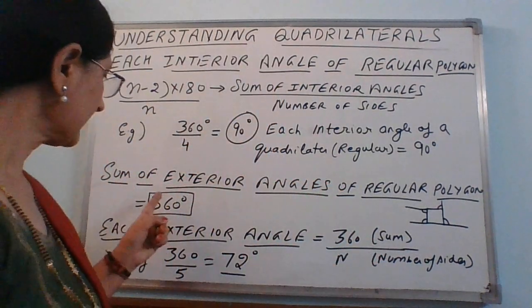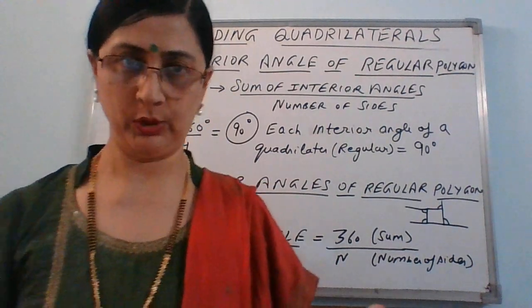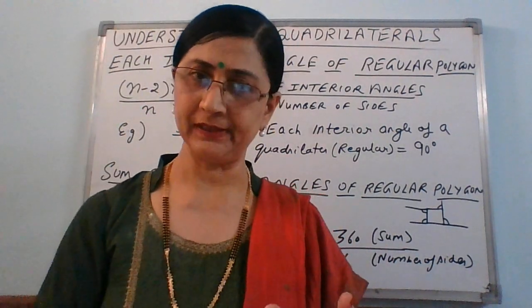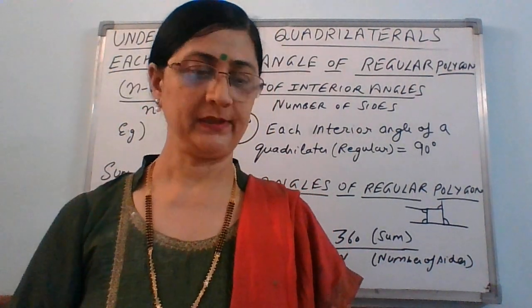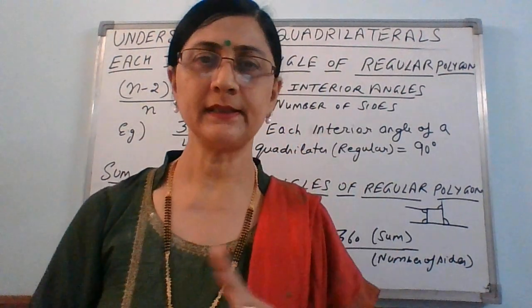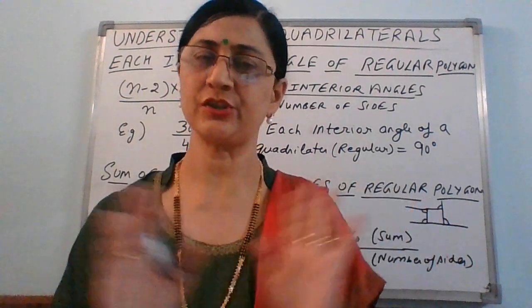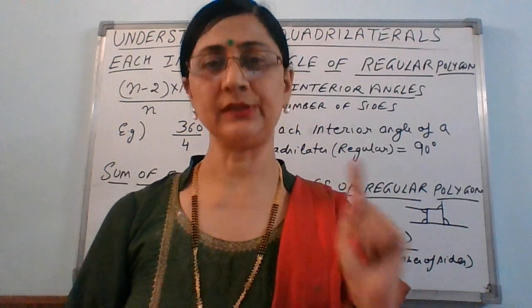So sum of the exterior angles of a regular polygon, all types of polygons, whether it is a quadrilateral, a pentagon, a hexagon, sum of exterior angles is always equal to 360 degrees. No calculation, no formula, just only one value, 360.